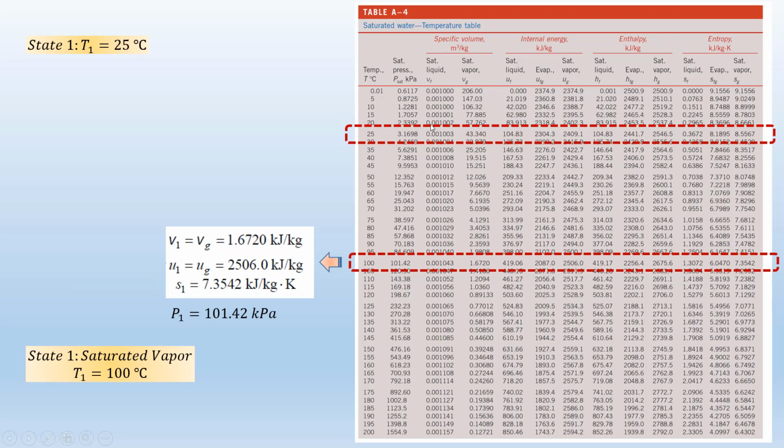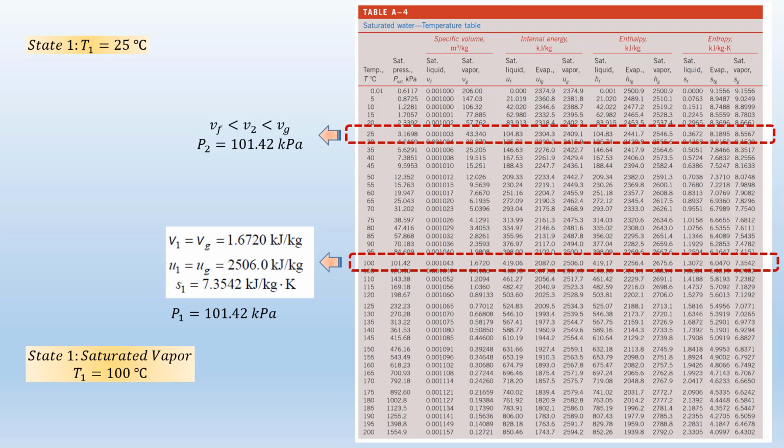And here, ν_f is less than ν2, and ν_g is greater than ν2. So, meaning that ν2 is actually between ν_f and ν_g. So the second state is a saturated liquid-vapor mixture. Correct. So the pressure for this state equals the P_sat.